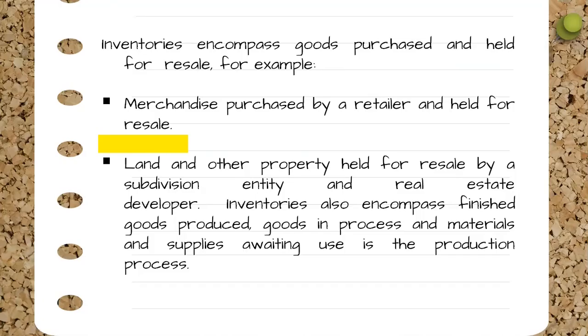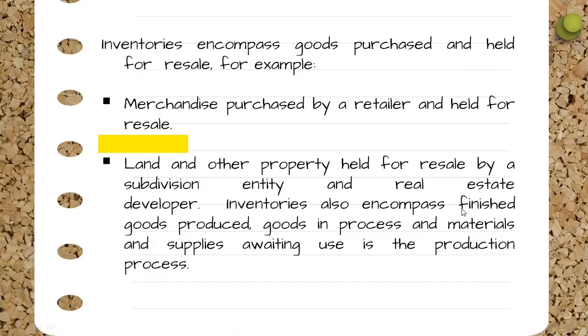But take note that since the usual or ordinary course of this entity, which is a real estate developer, is that what it actually sells is land and other properties, then that is what we consider as inventories.